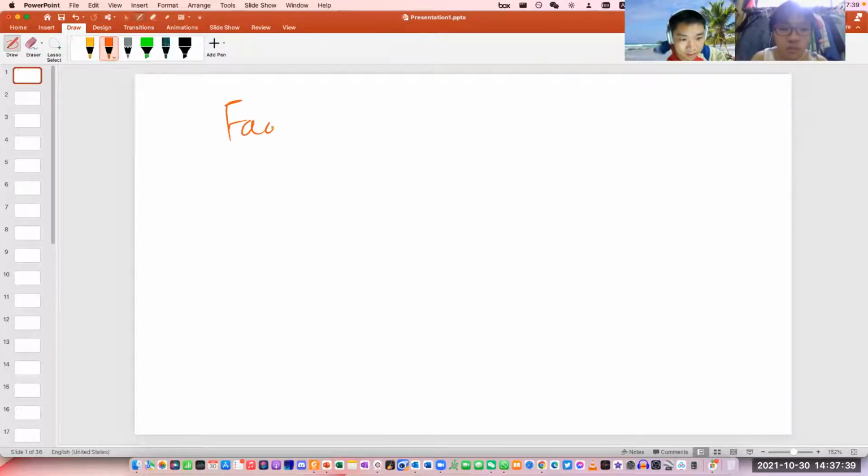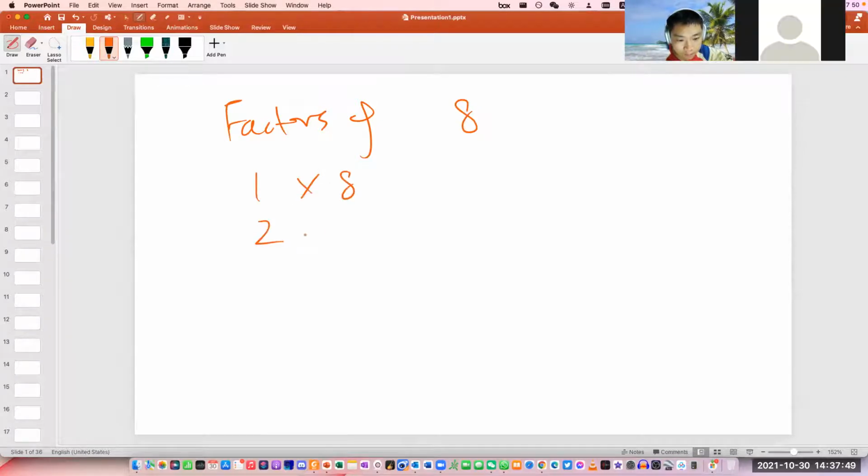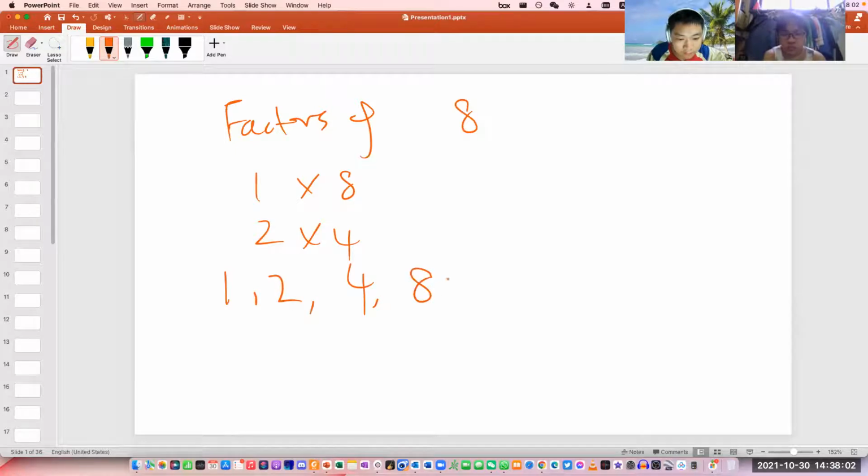Factors of. Let's choose an easier number. Let's choose 8. Factors of 8, this is how you do it. Anything else? No. These are all factors of 8. So factors of 8 are 1, 2, 4, and 8. Am I right? Yeah. So these are factors of 8.